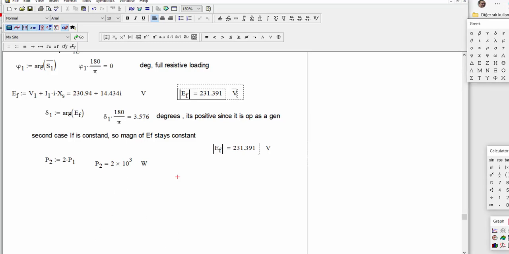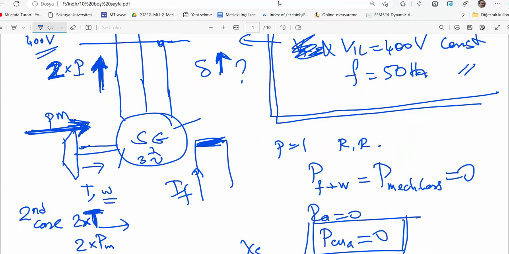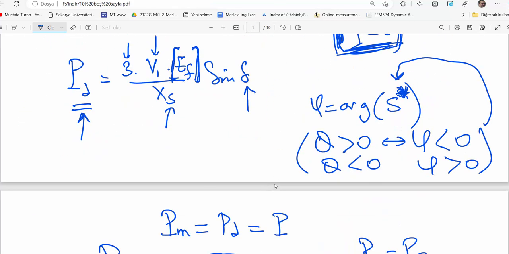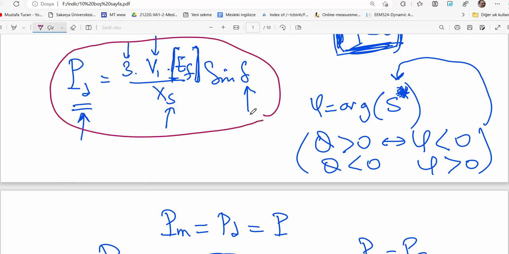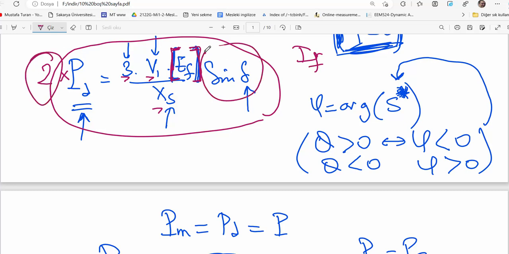In this solution, I want to use the second approach. I want to use this formula because this guy doubled. This is constant, this is constant, this is constant. That is, the amplitude of this guy is kept constant since there is no change in field current. So if this guy doubles, there is some change in this, and it is easy to calculate the new delta.